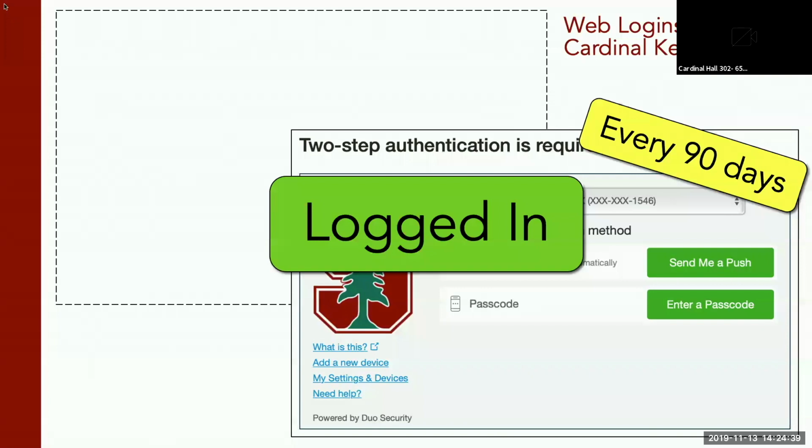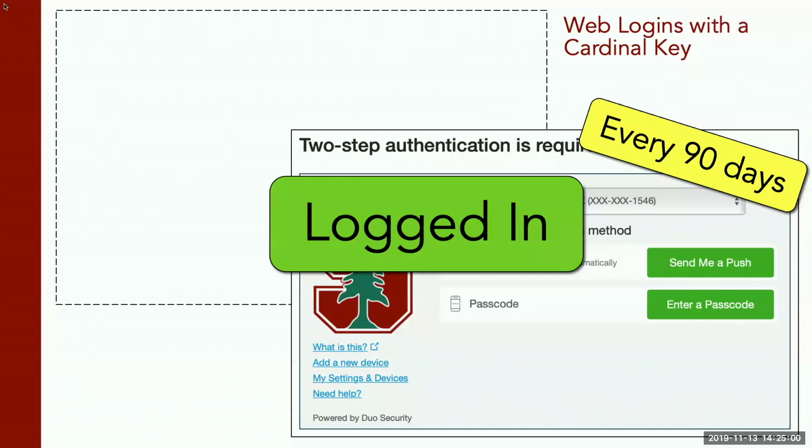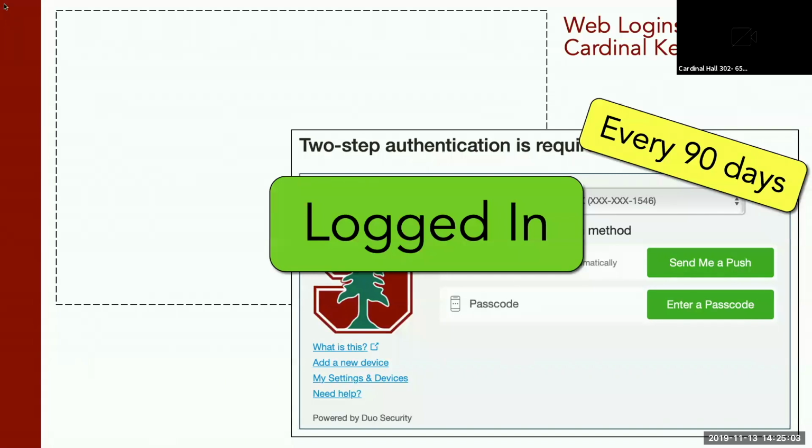But we really haven't encountered that problem yet with DUAs and how that might interplay with Cardinal key. It is true that with Cardinal key, in essence, you're always logged in, and that's why the device locking is important, and we can touch on that later. I know that's not a great answer to that question, but mainly we really haven't encountered that issue yet.